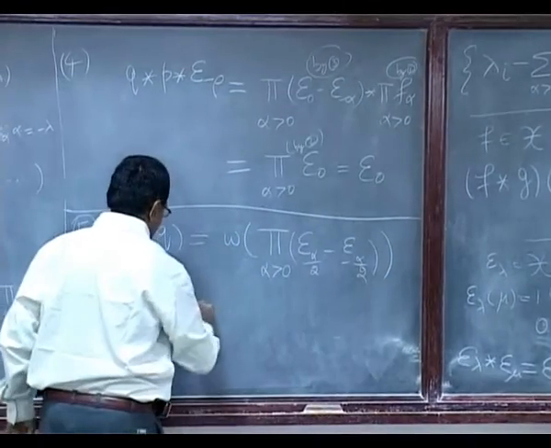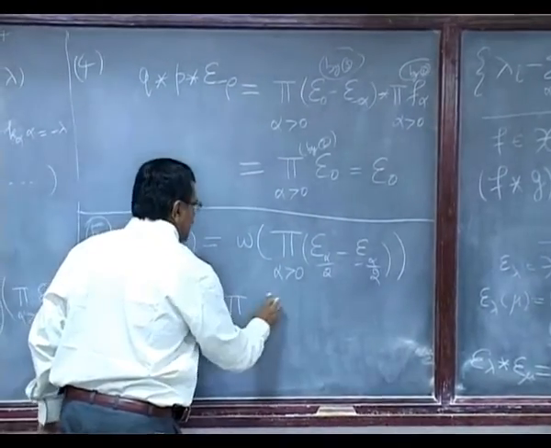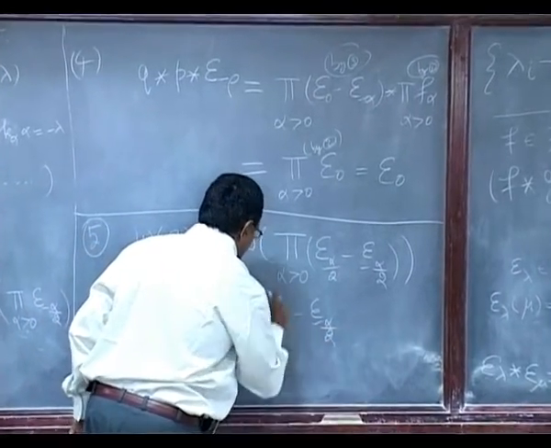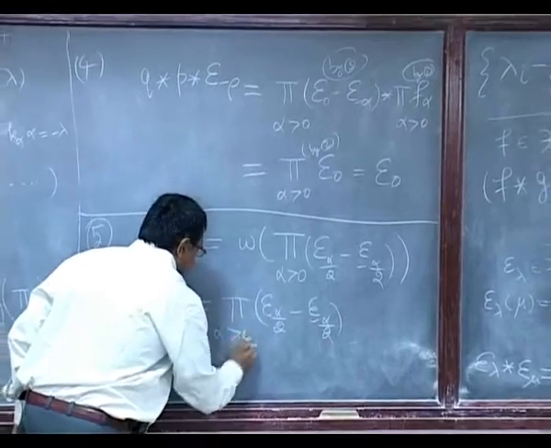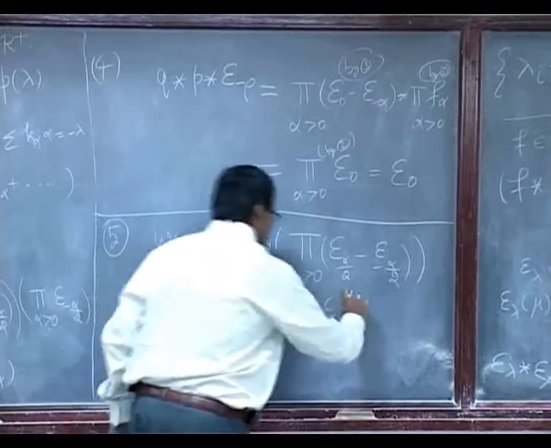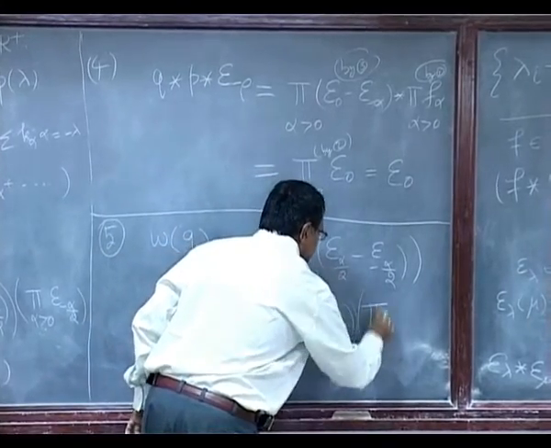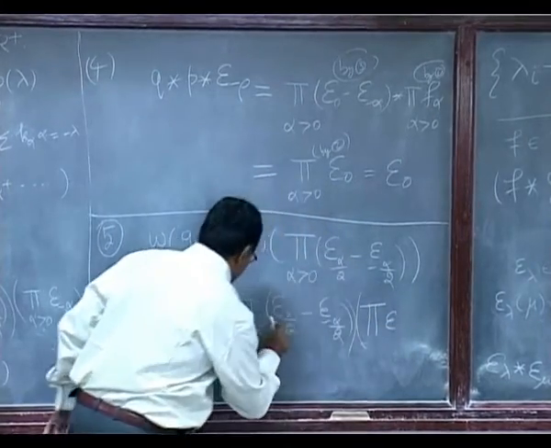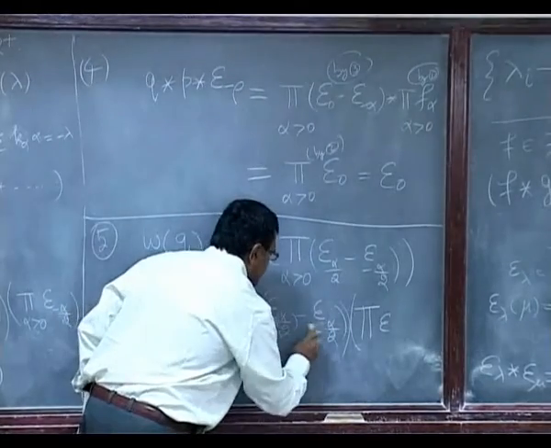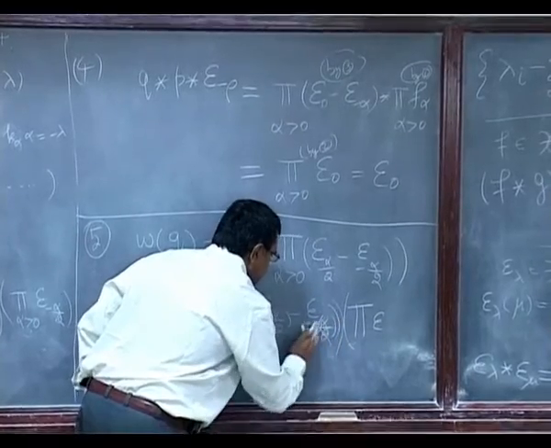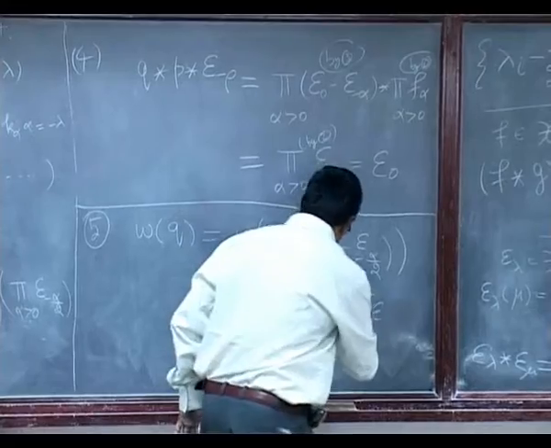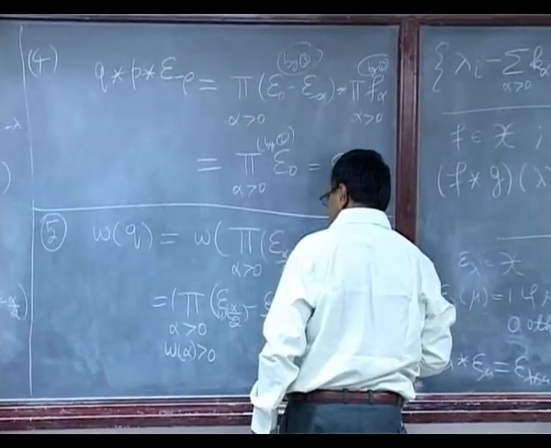So, this is same as product epsilon alpha by 2 minus epsilon minus alpha by 2, alpha positive, W of alpha positive times product epsilon. So, this is a W, sorry, W of alpha by 2 minus W of alpha by 2, then epsilon.